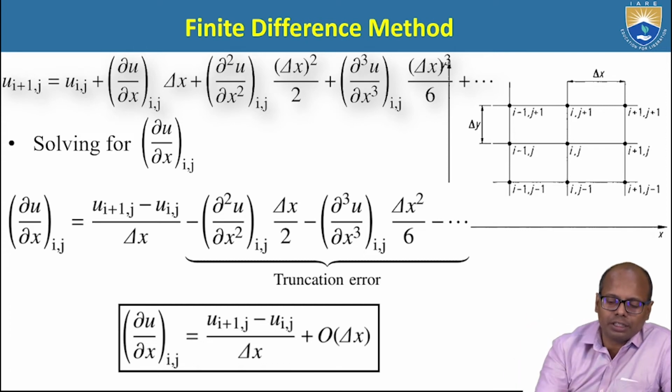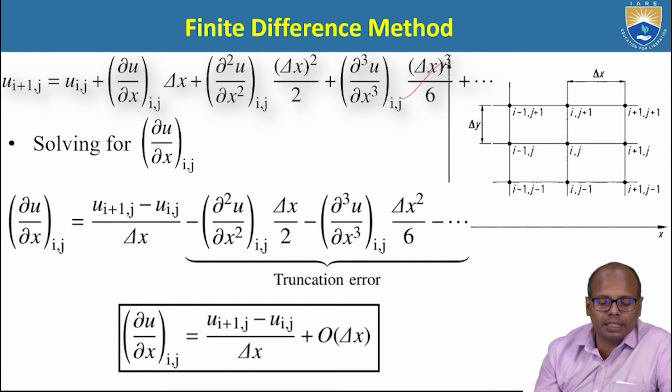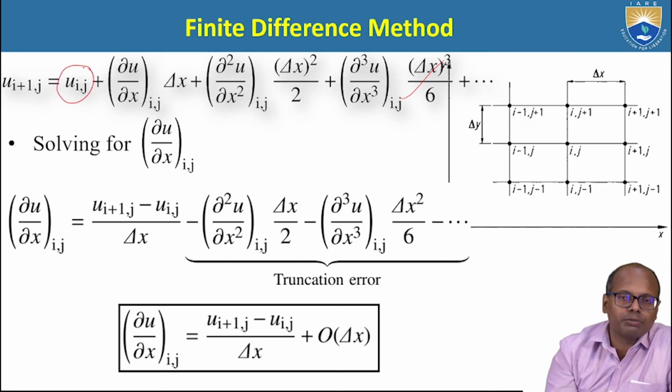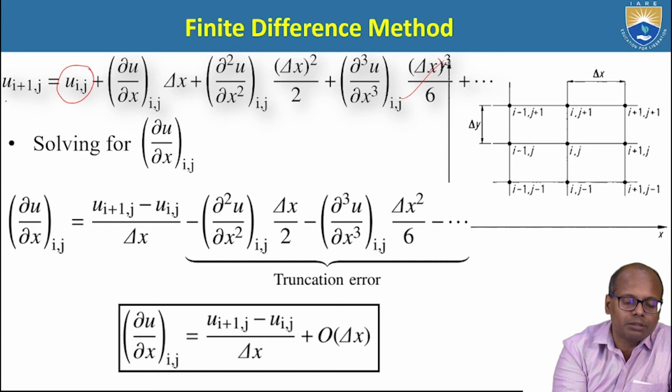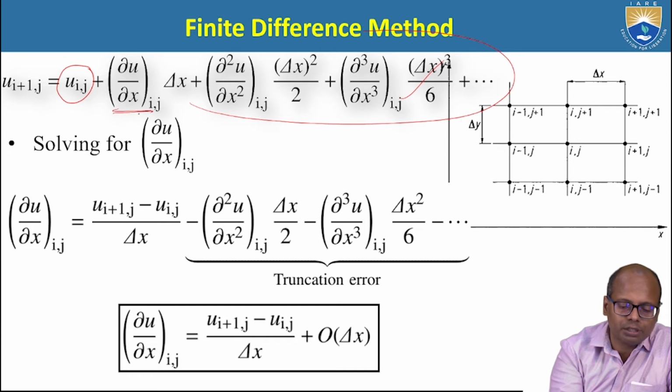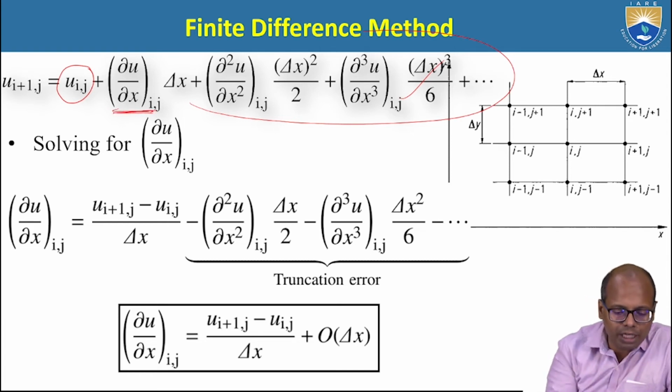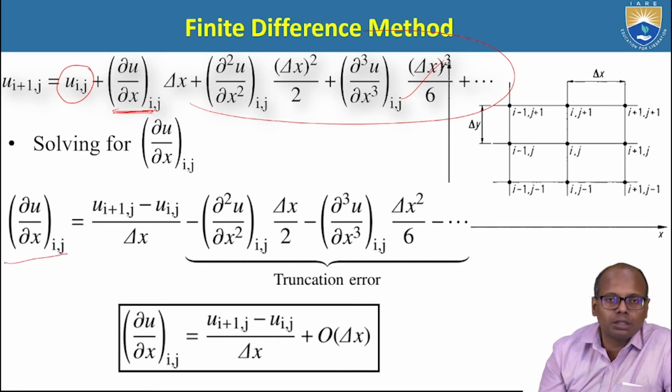So this is the equation that we are dealing with, the Taylor series. If I bring this term to this side, and all the other terms to this side, and I keep the partial differential term on one side, what will happen? That will become like this.